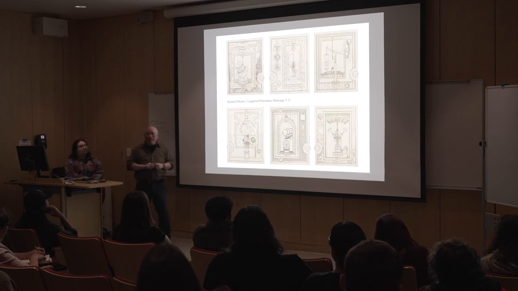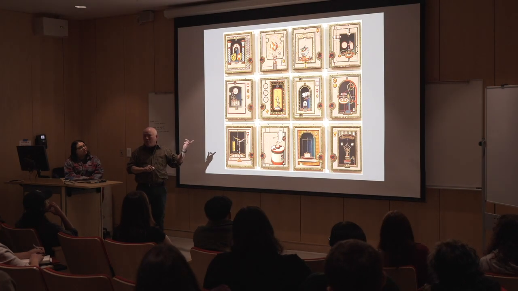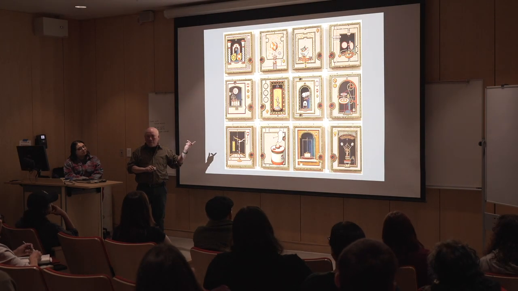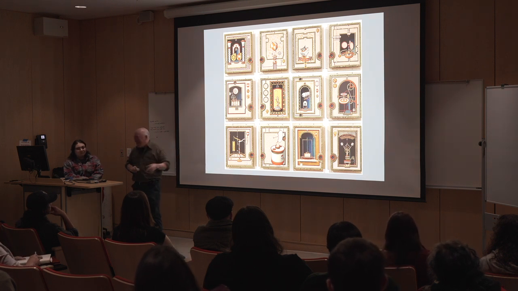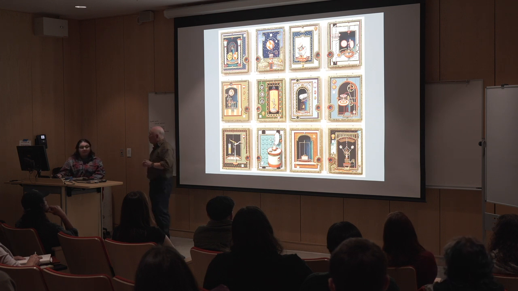More drawings, and again. This is where it was about June, right before I got my concussion. And now, this is about a month ago. Okay. Can we go on?